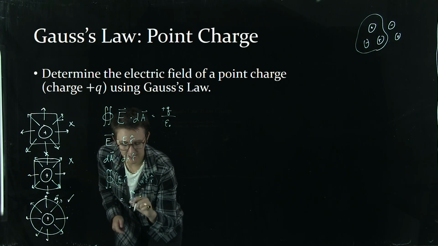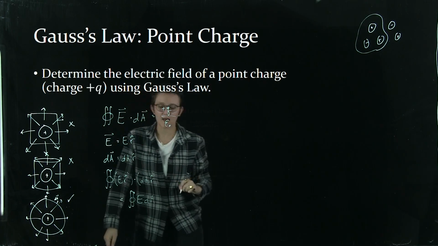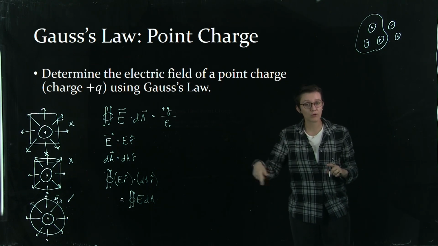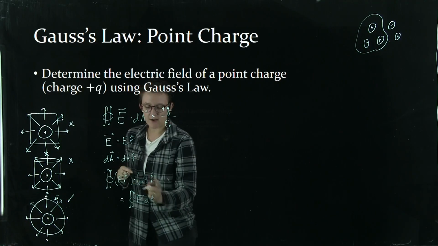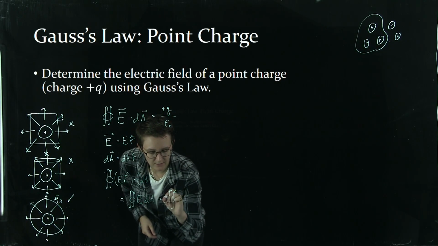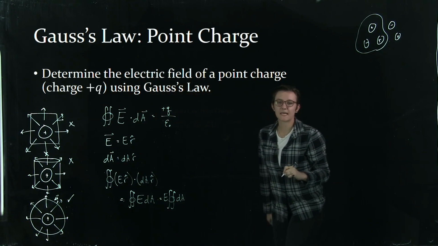So the integral over a closed surface is E times dA. And now another thing that we identified was that my electric field does not change over that area. That lets me pull the electric field magnitude right out of the integral. So this ends up being E on the outside, times the integral of dA.